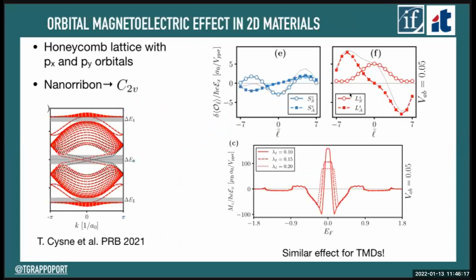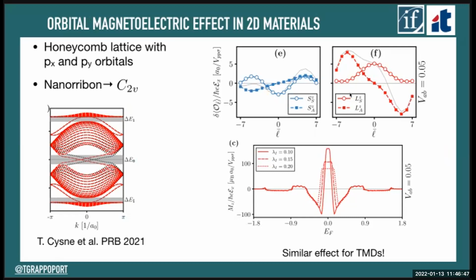Finally, if we further reduce the symmetry of our system, and that can be done by cutting the system, as in the case of one of our works, but it can be done actually by considering a system with lower symmetries, it's also possible to see magnetoelectric effects like the orbital Edelstein effect.